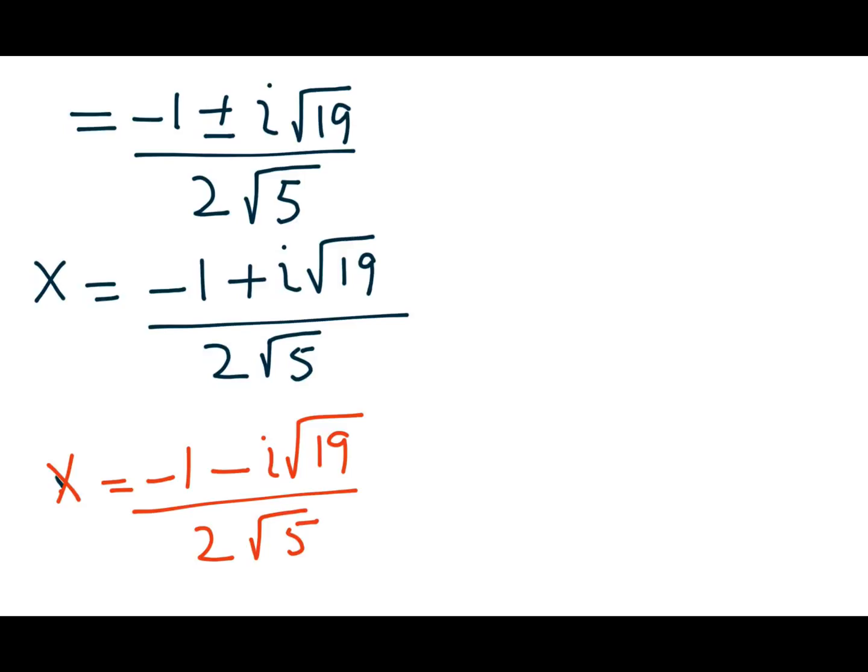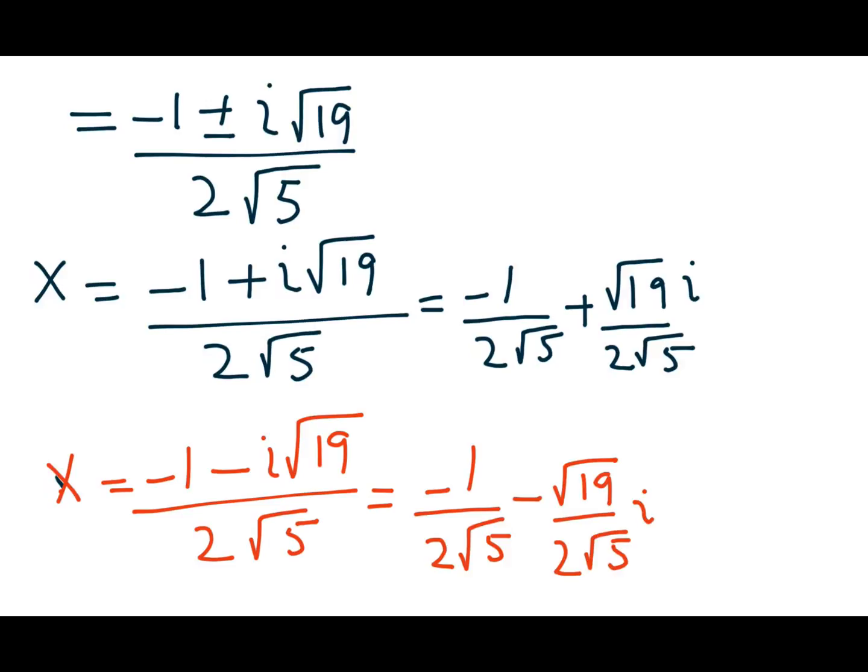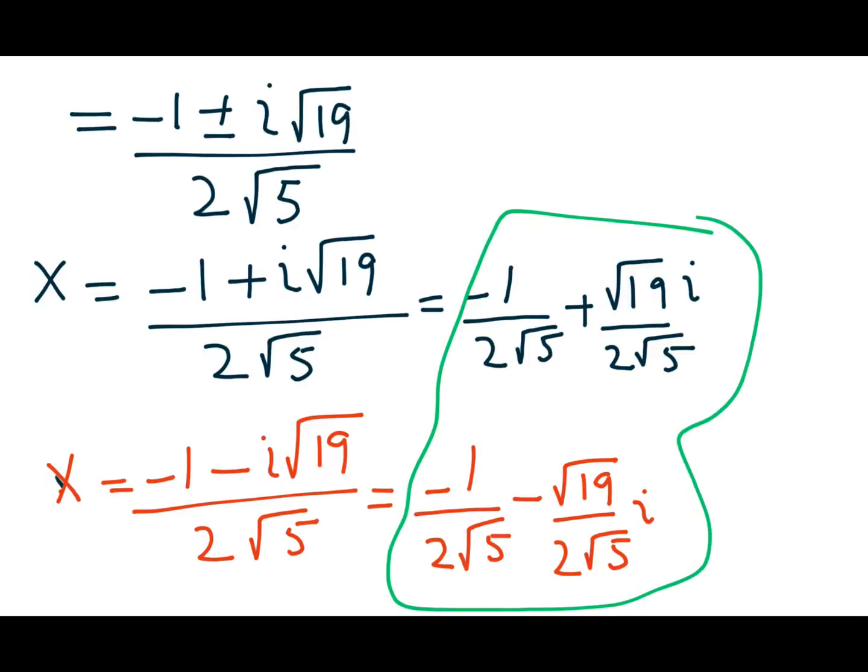You can further simplify it by writing minus 1 over 2 square root of 5 plus square root of 19 i divided by 2 square root of 5, and minus 1 over 2 square root of 5 minus square root of 19 i divided by 2 square root of 5, and those are the two solutions of the equations.